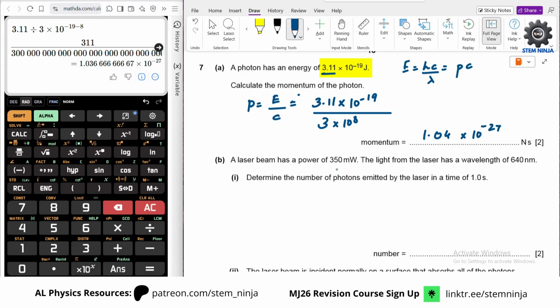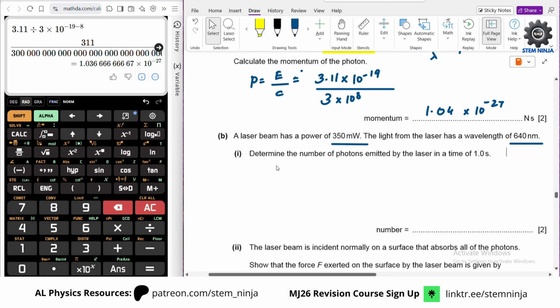A laser beam has a power of 350 milliwatts. The light from the laser has a wavelength of 640 nanometers. Determine the number of photons emitted by the laser in a time of 1 second. Okay, so you see, power is energy over time.